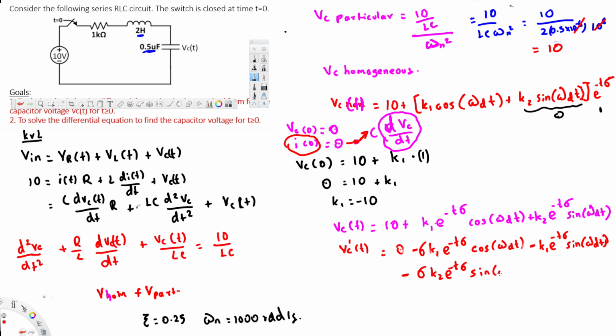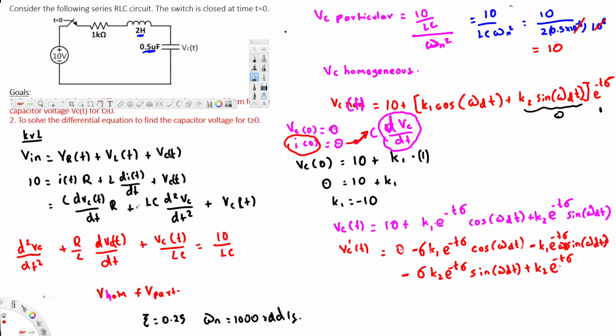So this is going to be sine omega dt. Then we keep the other one as it is, and we take the derivative of sine. So this is going to be k2 e power negative t sigma, and also when we take the derivative of this one, we have to multiply this one with omega d, right? Because the inside derivative is omega d. So this one multiplies by omega d.